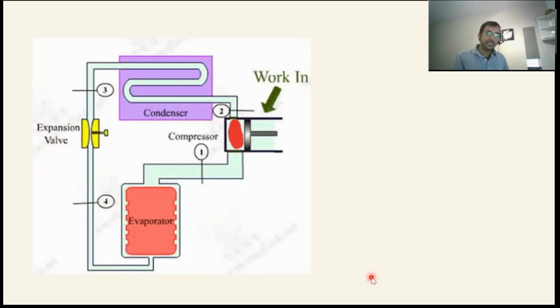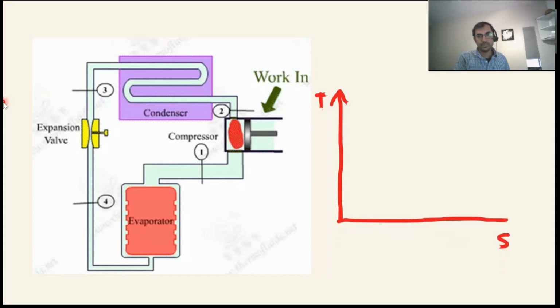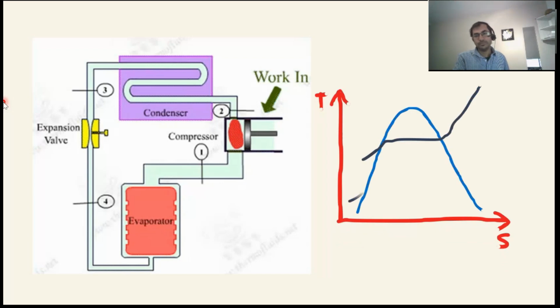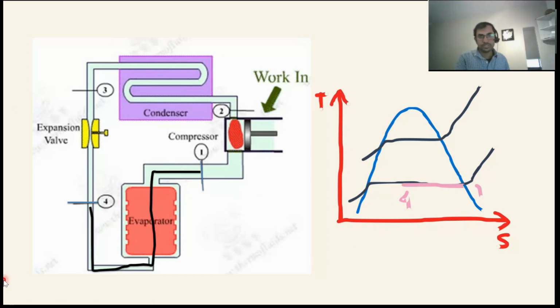In the refrigeration cycle, if we take the evaporator, compressor, condenser and expansion valve, our diagram will be like this. This is T, that is temperature, and this is S, entropy. This is the constant pressure line. From 4 to 1, the evaporator is placed; the evaporation happens here.